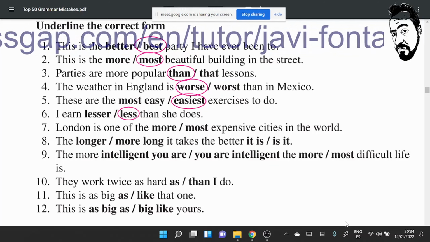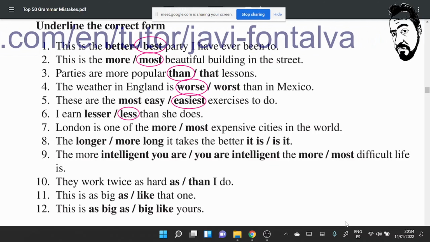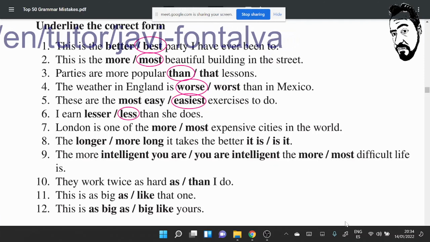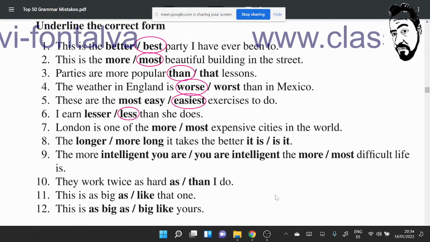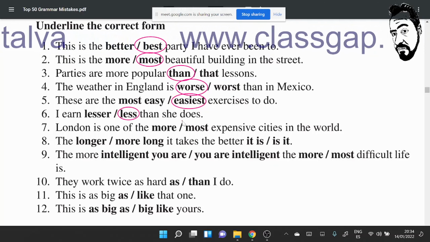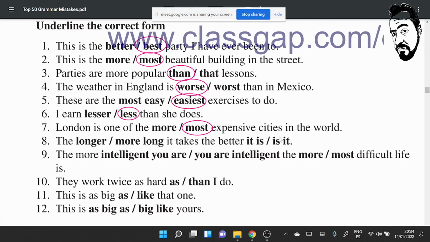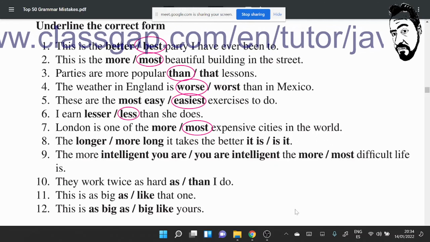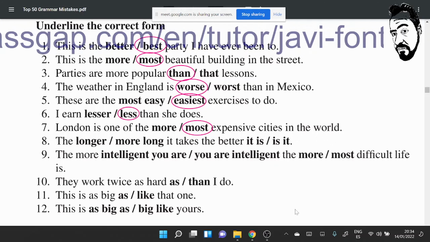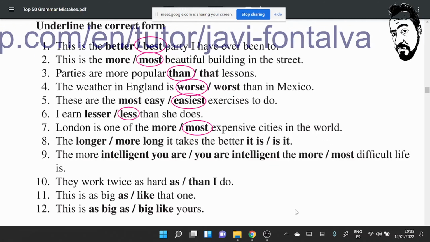Number 7. London is one of the most expensive cities in the world. It is true. It's so expensive. Very, very expensive. Extremely expensive.